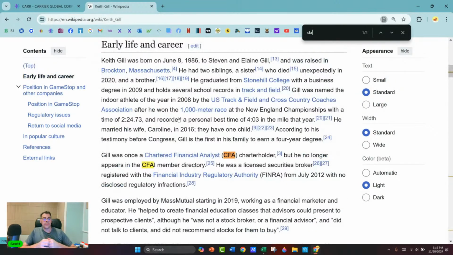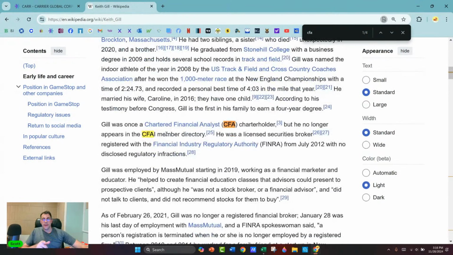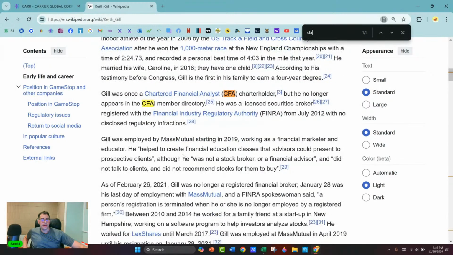He is CFA. Okay, he was a CFA, but they probably kicked him out because he's kind of like, I mean, he didn't do anything illegal, but it's really borderline what he did. He was a CFA, but he no longer appears as a CFA. He was a licensed security broker, registered with FINRA. Now it doesn't matter.